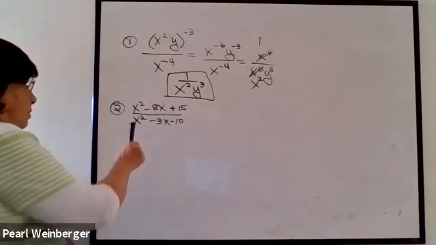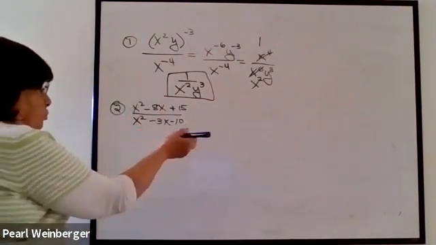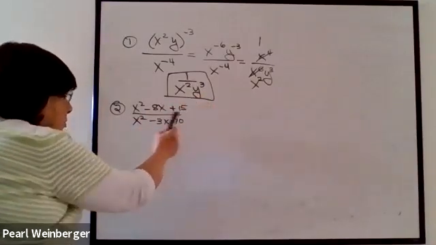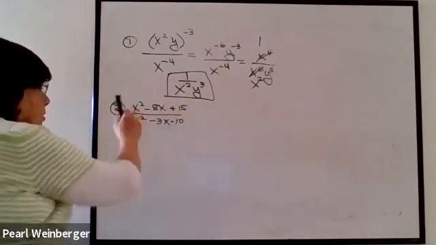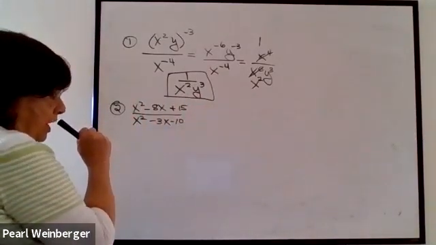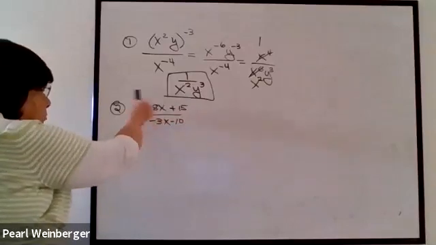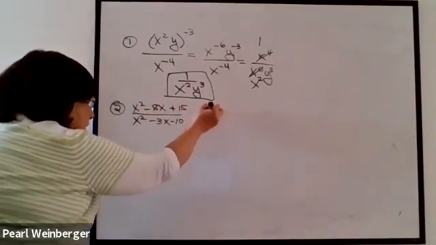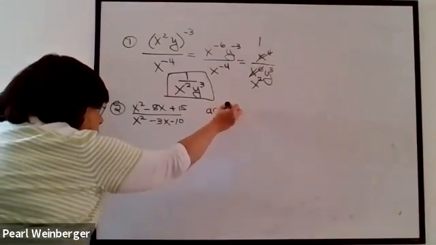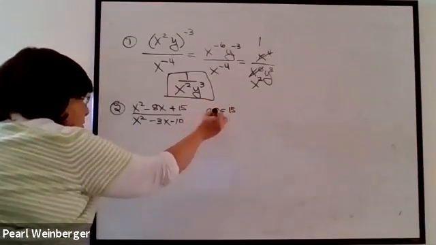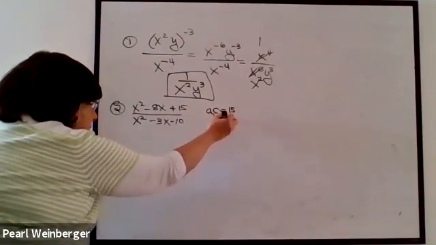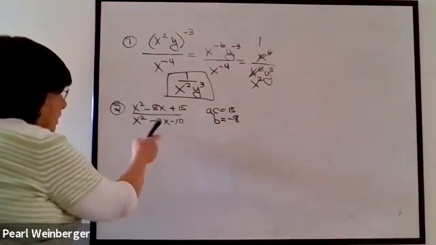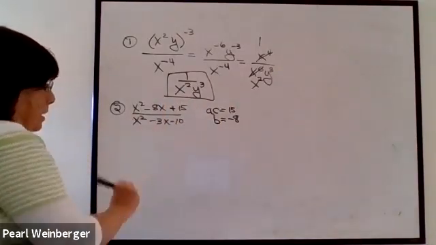So if we look at the top trinomial, I'm going to have to use our AC method of factoring these. There's no common factor here, but my AC, let's do the top one. The AC is going to be 15, and the B is going to be -8. I'm going to do the top one over here and the bottom one over here, and then I'll put it all together.